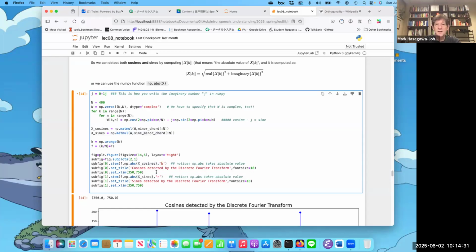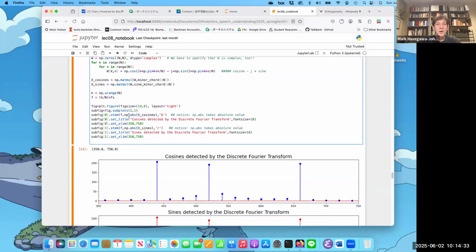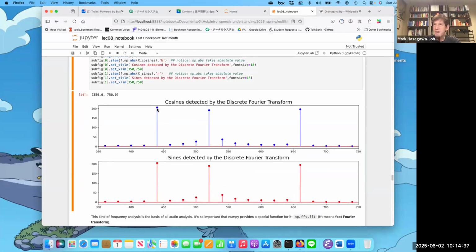Let me just plot. Oh, well, I've got them both plotted in separate plots here. So you see, if I multiply times the cosine minor chord, I get positive real numbers. If I multiply times the sine minor chord, I also get large values. But these were originally imaginary values, and now I'm taking just their absolute value.